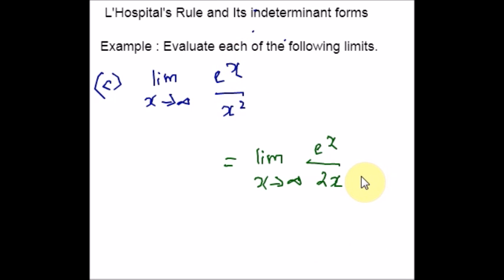This new limit is also the infinity over infinity indeterminate form. However, it is not really a problem. We know how to deal with these kinds of limits. So we are going to apply L'Hospital's rule again. So e raised to x in the numerator and 2 in the denominator. So that would become an infinity. Sometimes we will need to apply L'Hospital's rule more than once until we get an answer.